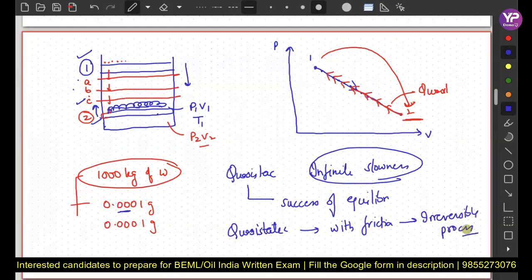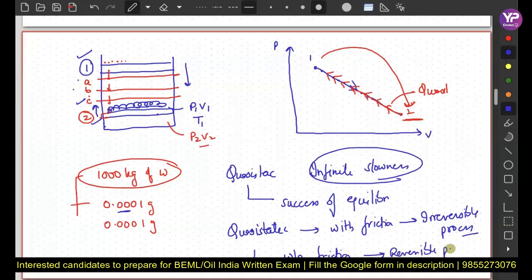What is the meaning of irreversible process? Irreversible process is one in which the same properties are not going to be attained during the forward process and the reverse process. The quasi-static process without friction is going to be considered as a reversible process.